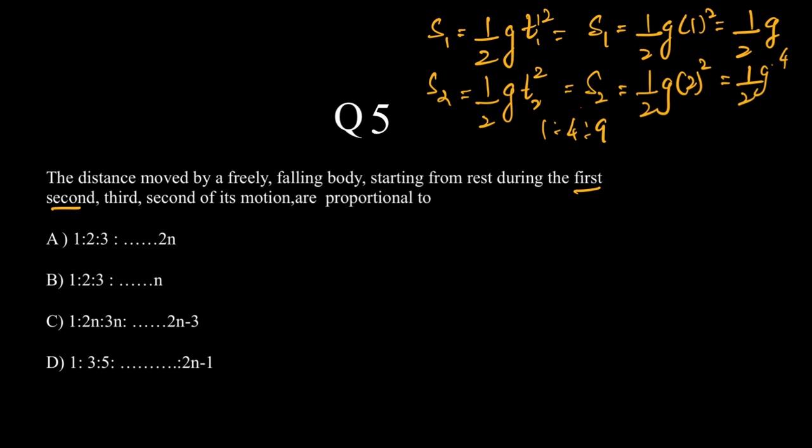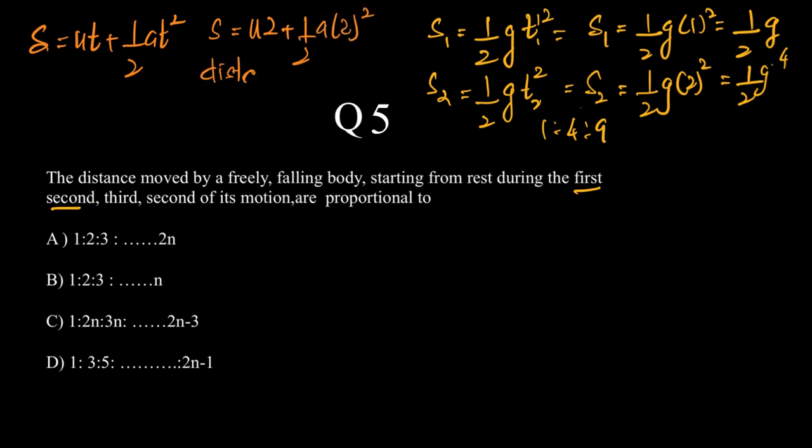Now, why is this wrong? I'll tell you the point. When you say S is equal to ut plus half at square, and when you put 2 here, what you're trying to find out is the distance traveled when the time of observing the motion was 2 seconds.